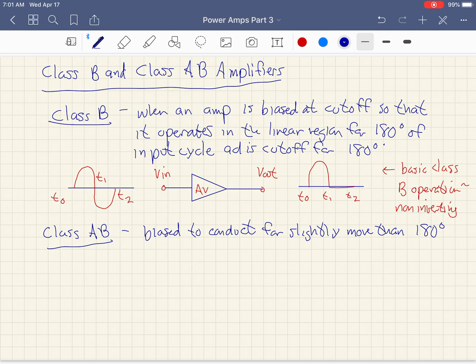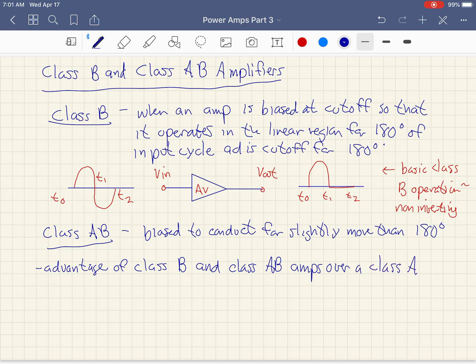Now, the advantage of both Class B and Class AB amps over a Class A amp, either is more efficient.